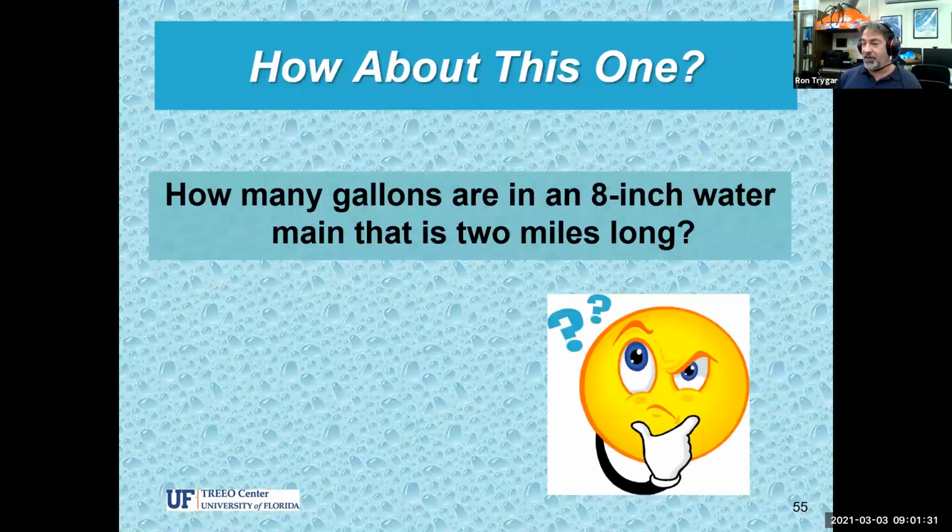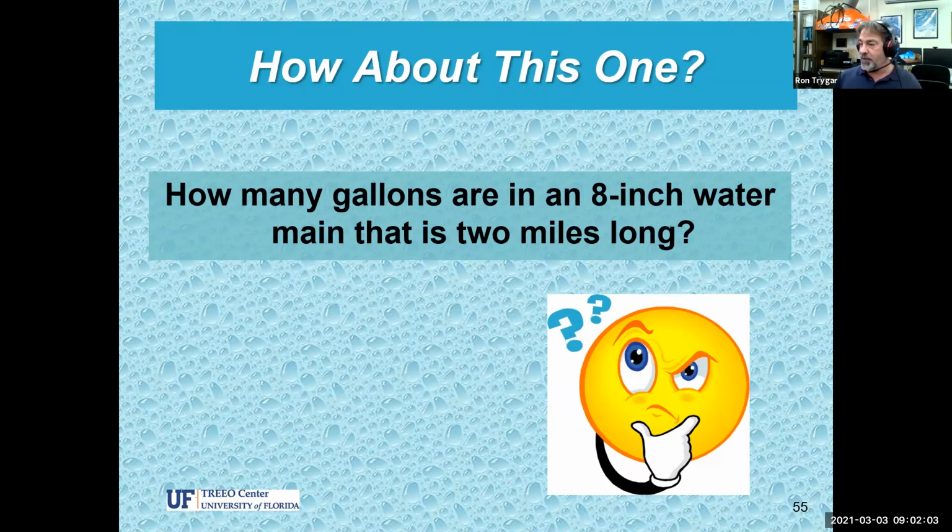All right, how about this one? How many gallons are in an 8-inch water main that is 2 miles long? So here we have some units that are completely outside where we need to be. So we're going to start doing some housework up front. We have to convert and get things in the right units before we can use those formulas.